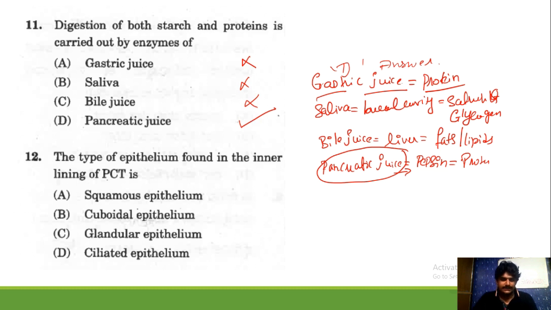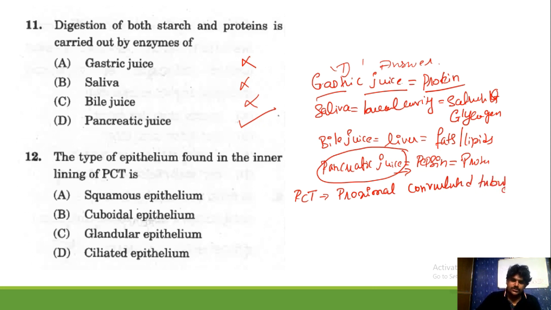Now let's move to the next question, the 12th question. The type of epithelium found in the inner lining of PCT. What is PCT? PCT is the proximal convoluted tubule.